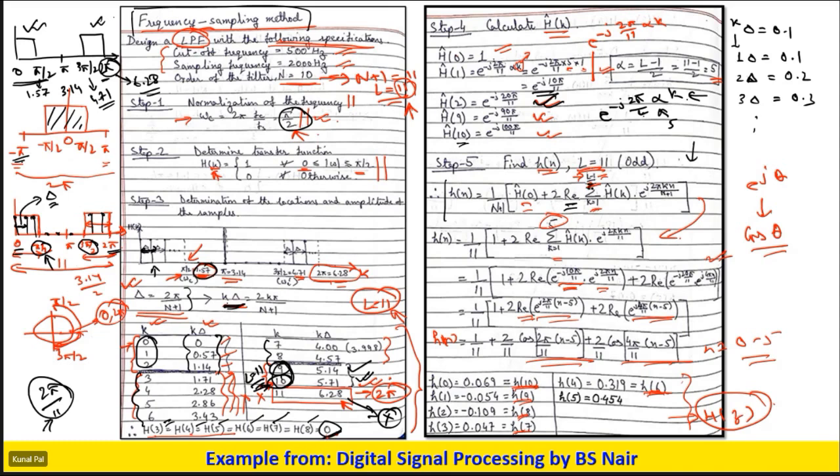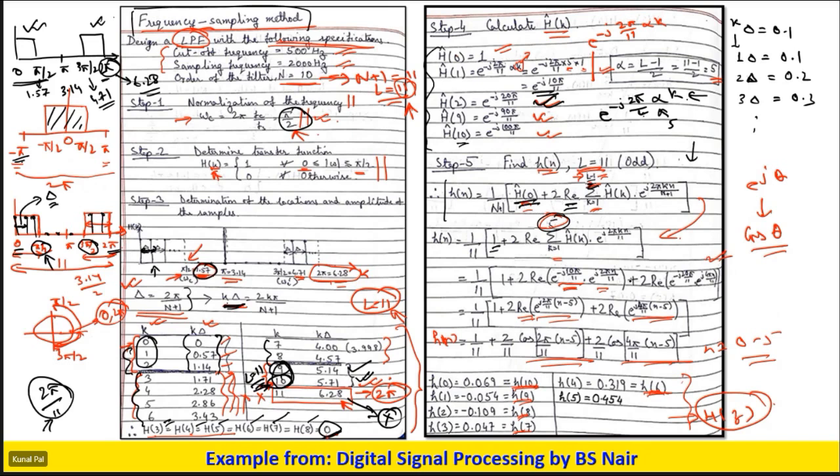Then h cap k multiplied by e to the power 2 pi k n by n plus 1, which is again 11. So over here h cap k you have already calculated. Then you just put the values. So we will be having up to 5, right? In up to 5 we are having these 1 and 2 values, because h of 0 is 1 and it is already separated altogether.